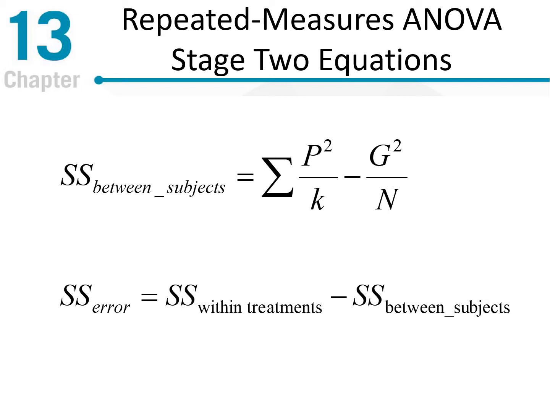So it's the row sum. Once you get those row sums, you're going to square them and divide by the number of treatments, which is k. So add up the row sum, capital P, square it for each individual, divide by k, minus the grand total squared over the total sample size.